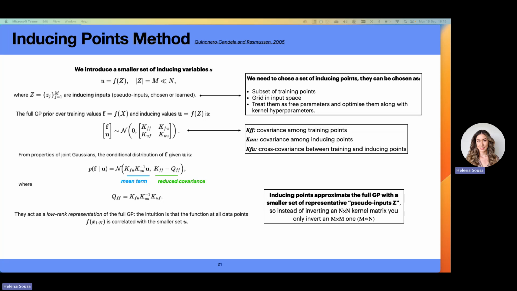Or if we want to learn them during the GP training, we just treat them as free parameters, and then we optimize them along with the kernel hyperparameters.